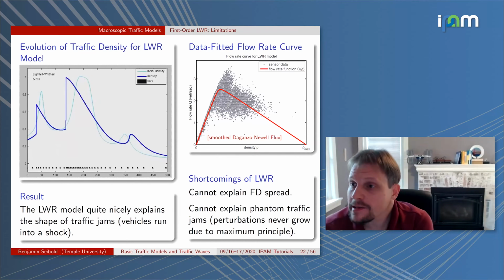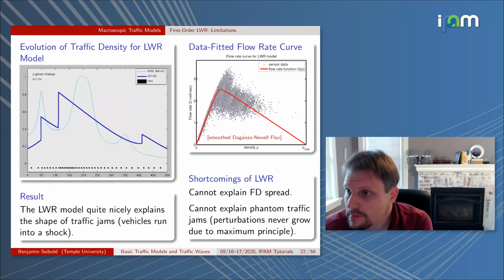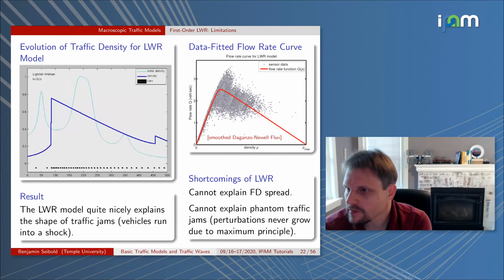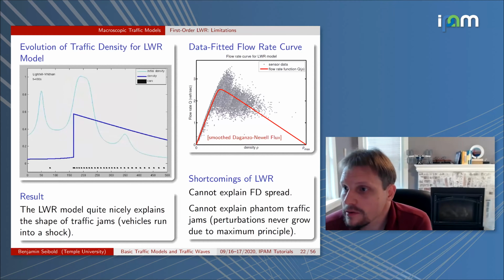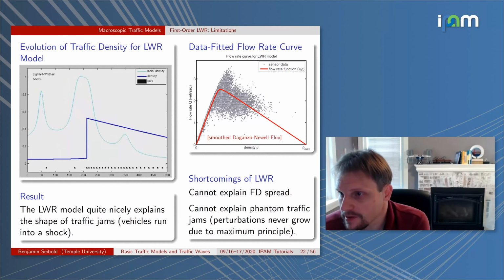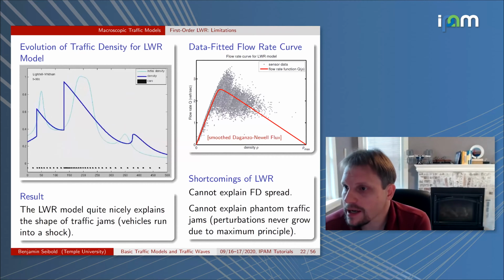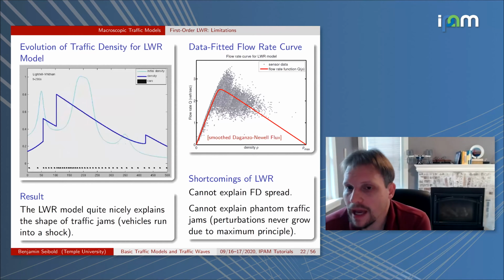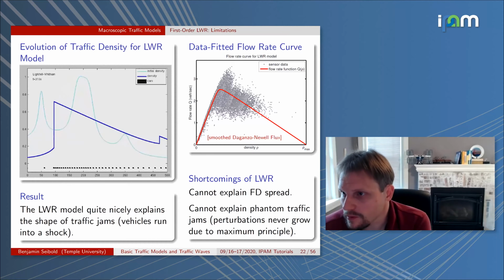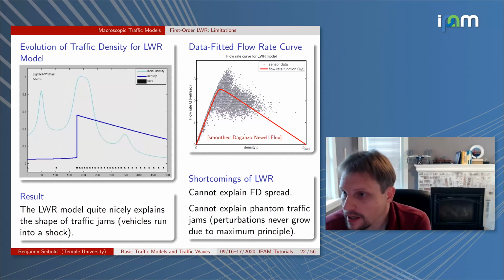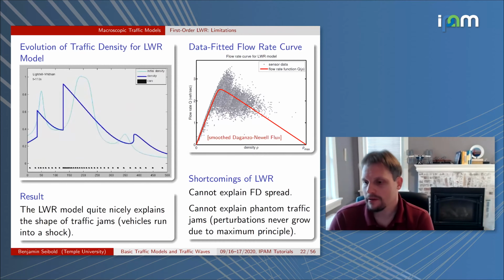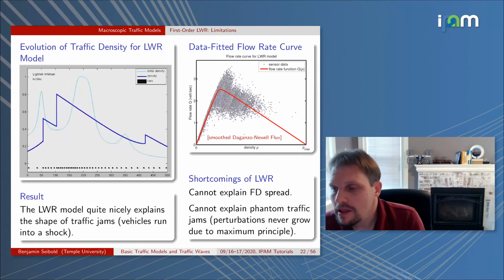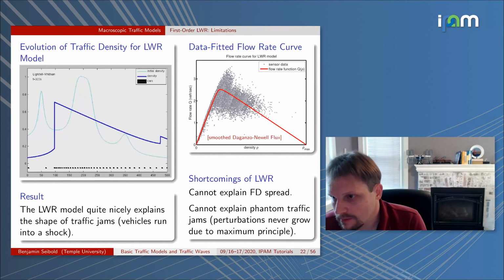So instabilities, phantom traffic jams, the phenomenon that you start with initially uniform flow and then it slowly develops traffic waves, stop and go traffic waves, these phenomena exist in reality, and they're not captured by these first order models. So if one wants to capture these non-equilibrium effects, so this is all equilibrium, right? You're always on this curve here. For non-equilibrium effects you need to go to second order models.